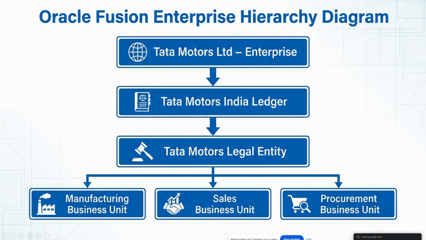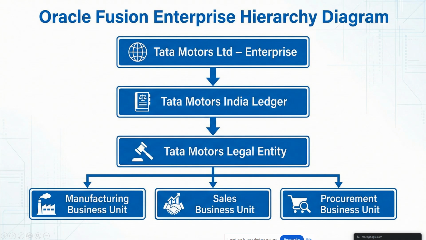At the business unit level, from a reporting point of view, you can come to know how much sales you did for that particular month, how many payments you received, and how many invoices were generated. Those things you can capture at the business unit level.